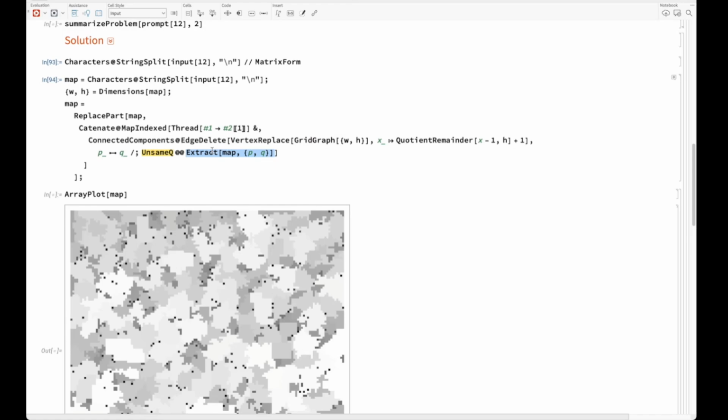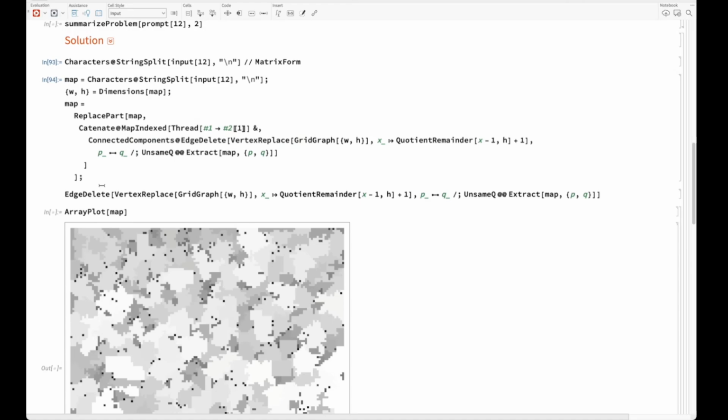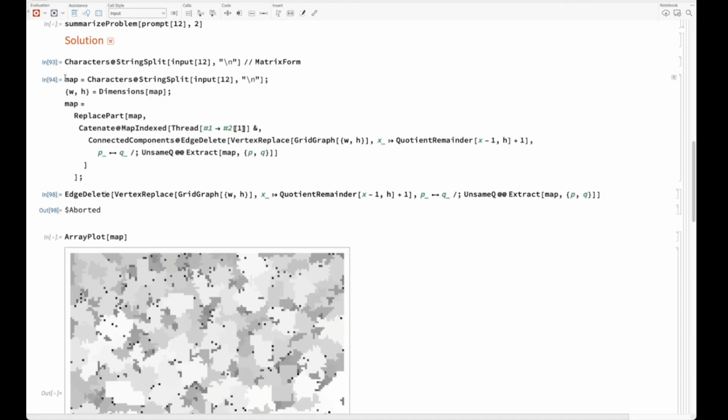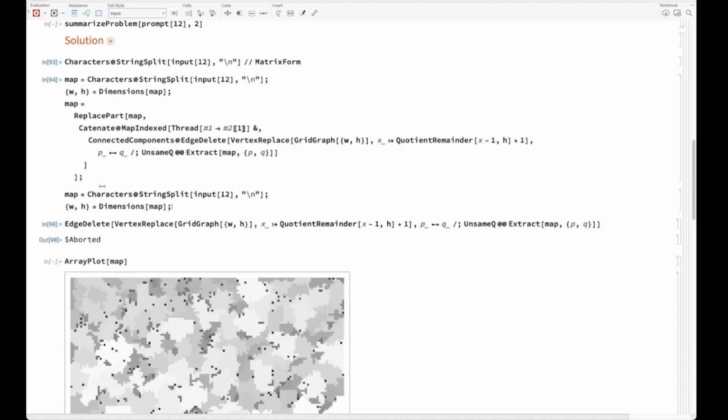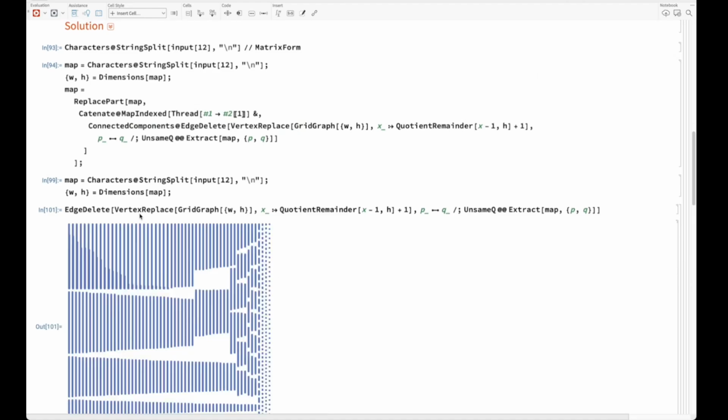That's how you can identify all the regions. As soon as I remove all those edges, this just makes a disconnected graph, right? So this makes a disconnected list of subgraphs for each region. It's not very interesting.